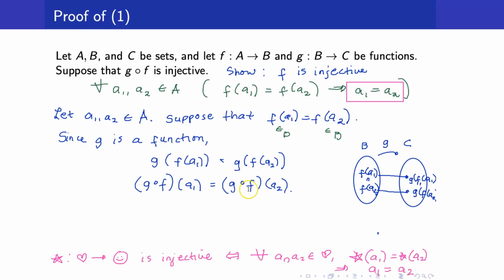And that is exactly what's happening here, right? Your star is g circle f. We have this equality. This is saying that the image of a1 under g circle f and the image of a2 under g circle f are the same.